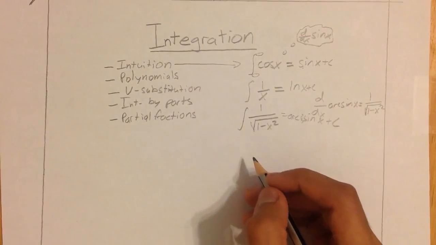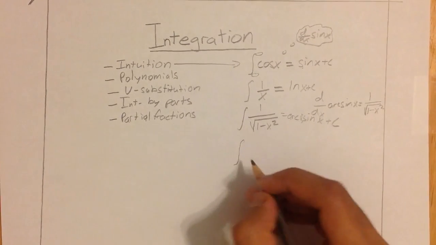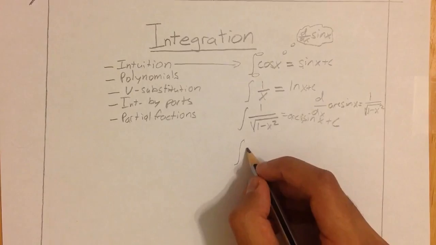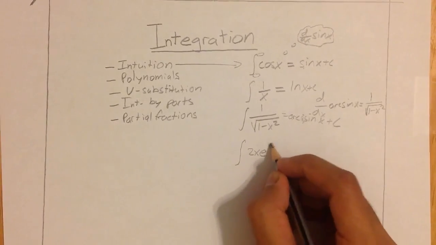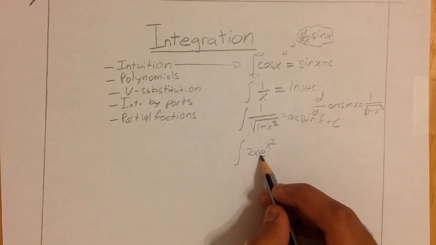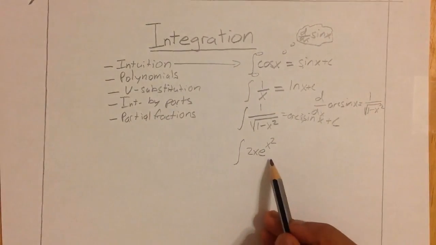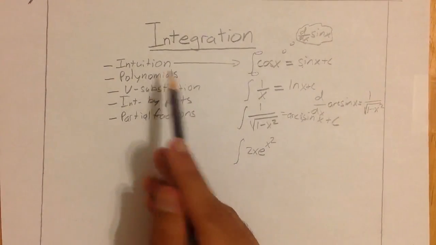Let's look at a slightly complicated integral that we can still solve using our intuition. The integral of 2x e to the x squared. Now while this is a great problem to use integration by parts, we can simplify it by just using our intuition.